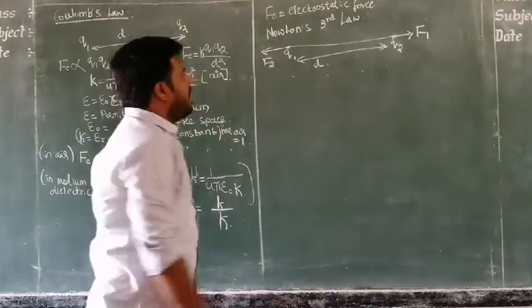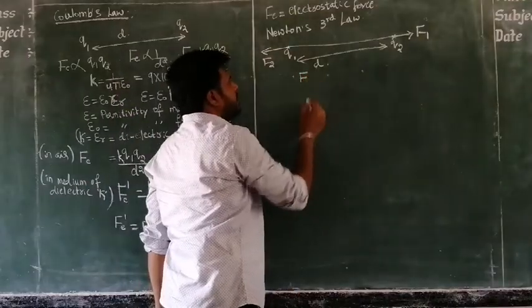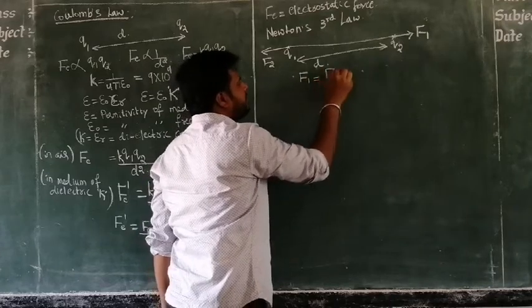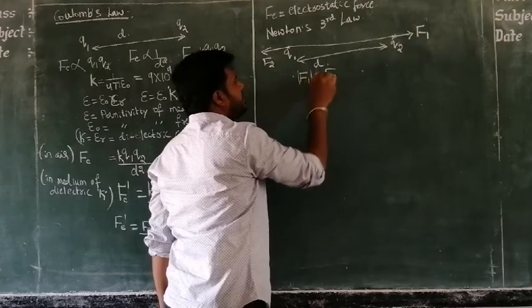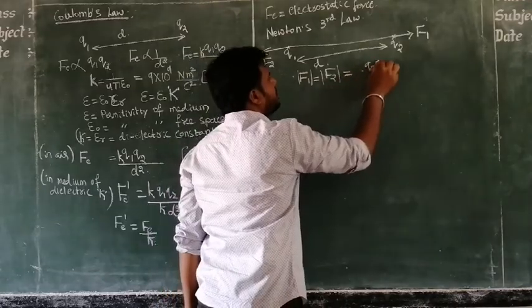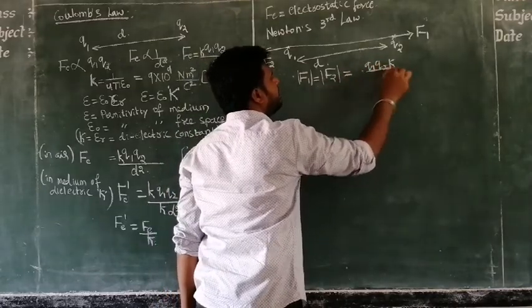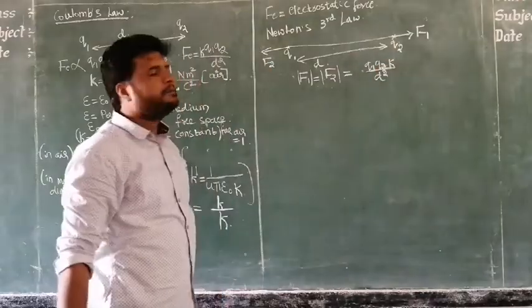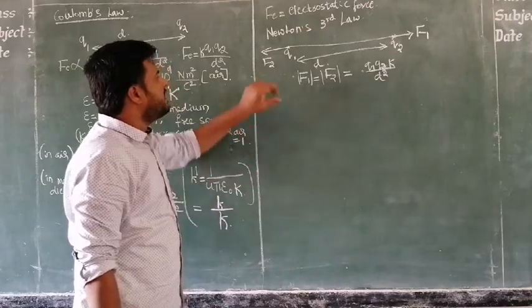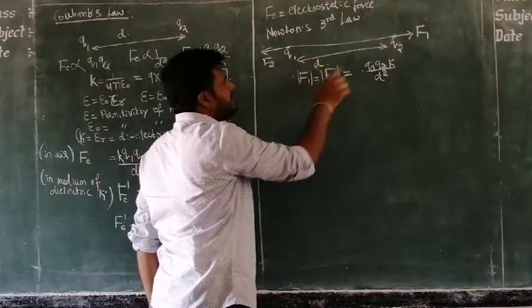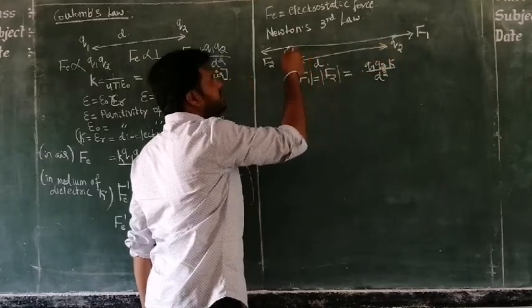Now, according to Coulomb's law, I can write the magnitude of F1 is equal to F2, which is equal to Q1 Q2 K divided by d square. Now, don't get confused here. According to Newton's third law, this is the action and I can tell this is the reaction.